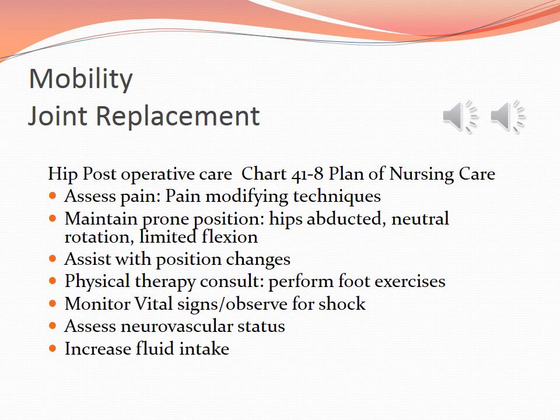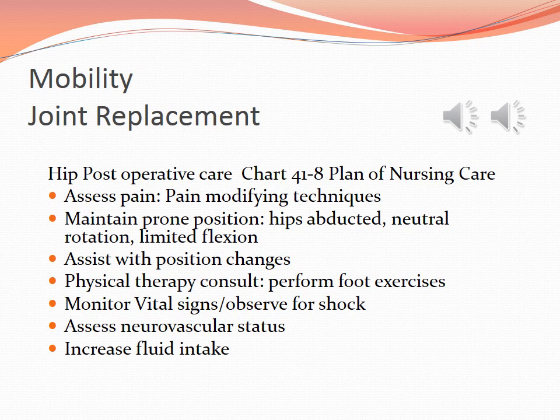Also included is monitoring vital signs and observing for shock. We want to prevent hemorrhage or be aware if it is starting to happen. We note character and amount of drainage, and we notify the surgeon if the patient develops shock or excessive bleeding, and we prepare to administer fluids or blood component therapy and medications. We also monitor the hemoglobin and hematocrit values. We assess neurovascular status.